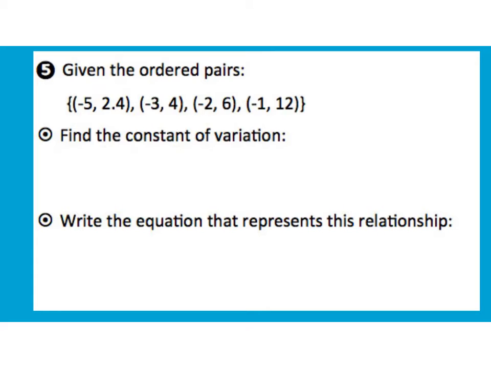Given the following ordered pairs, find the constant of variation. Now, if you didn't know what type of variation this is, you test it. First, you see if I multiply x times y together, do I get the same constant? Is it a product? So if you do that, -5 times 2.4 results in -12. -3 times 4 is -12. -2 times 6 is also -12, so this is looking good.